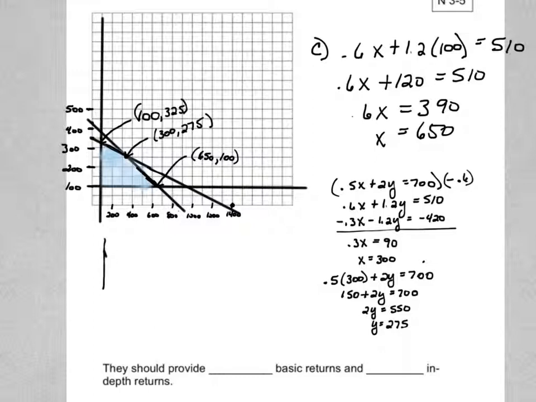And so you would go through and put them in P equals 50x plus 150y, and you're going to put 100, 325 in as 1, and you're going to put 300, 275, and 650, 100, and there's one corner in the bottom at 100, 100 that I didn't put on the graph.